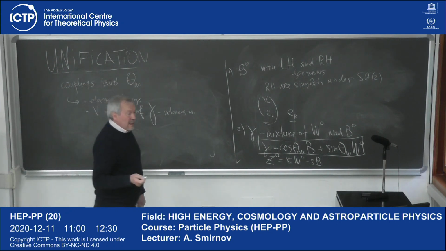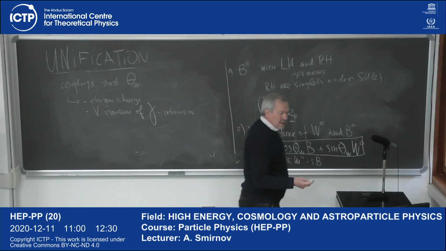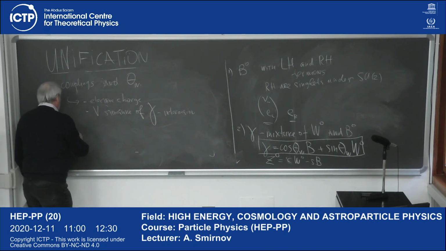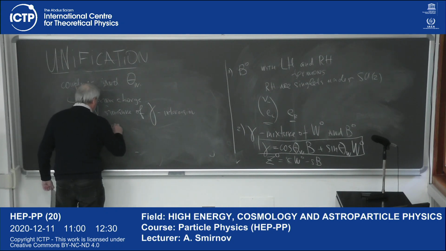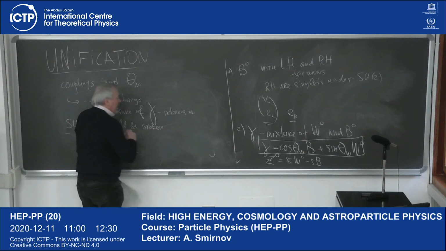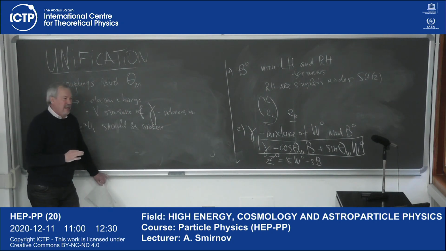Now, the last problem is that we have photon, which should be massless, and W0, which is massive. That indicates that the symmetry should be broken. So SU2 cross U1 should be broken. In the limit of exact symmetry, all the masses of components of your multiplet should be the same.